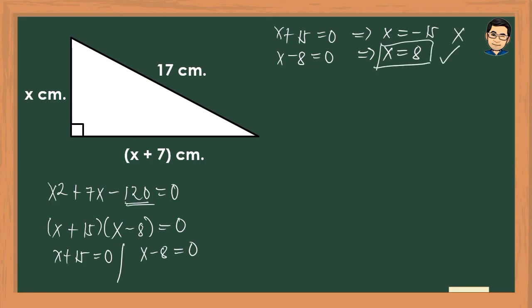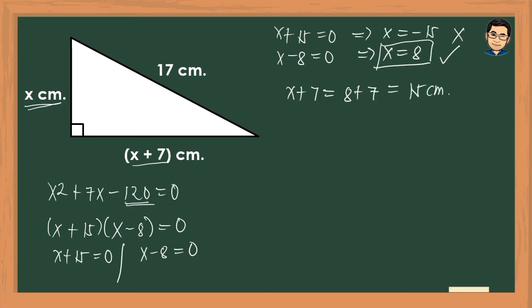So, to check, so yung x is equal to 8, ito po yung measure ng isang legs natin. Ito po. And then, yung x plus 7 naman, so, isa-substitute natin yung 8 doon. So, x plus 7 is equal to 8 plus 7, that is 15 centimeters.